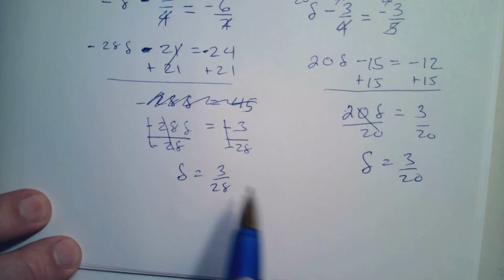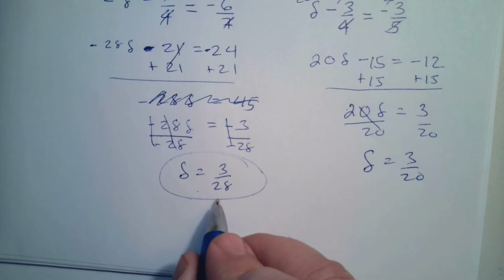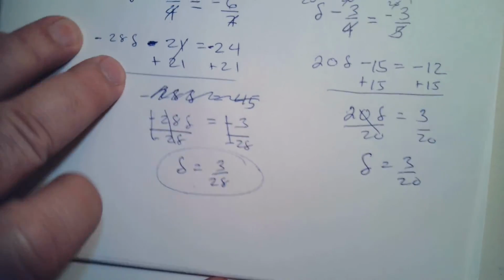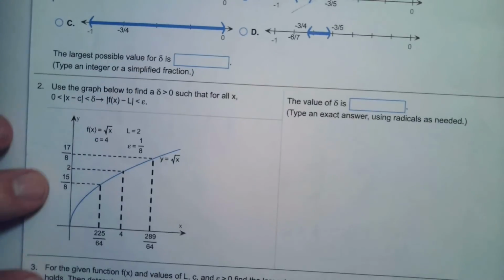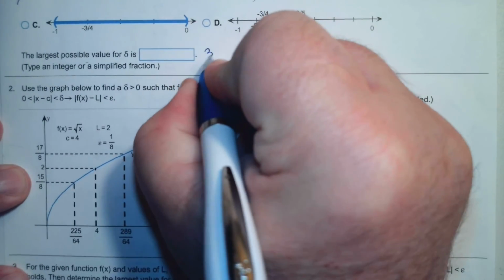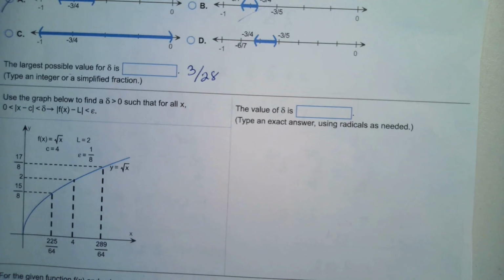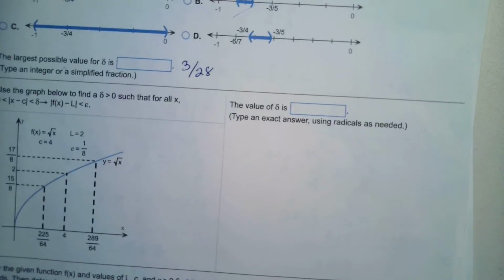Now, the smaller of these two is that one. So that's what my gamma is. My answer is this: the largest possible value of gamma is 3 over 28. Because for my intervals, I want to make them the smaller value, that'll make it as large as possible.